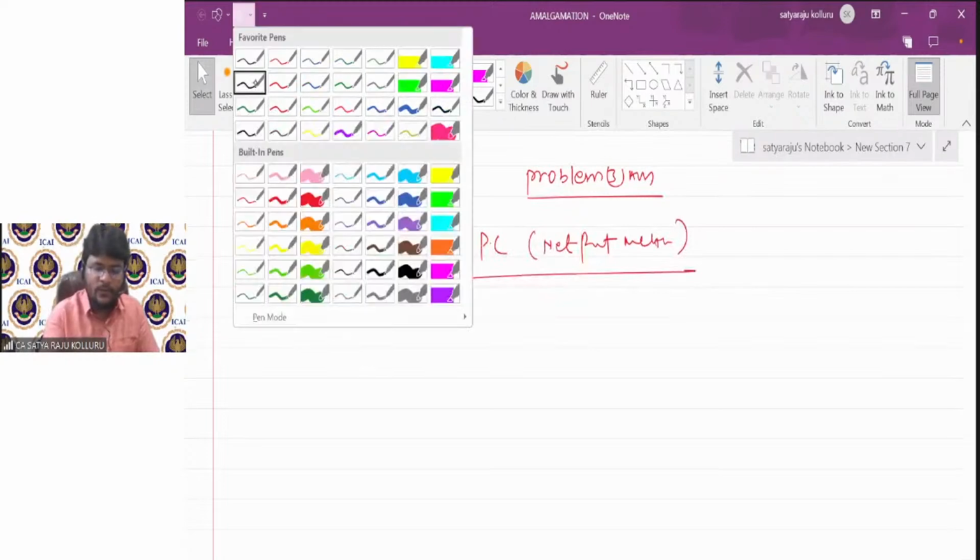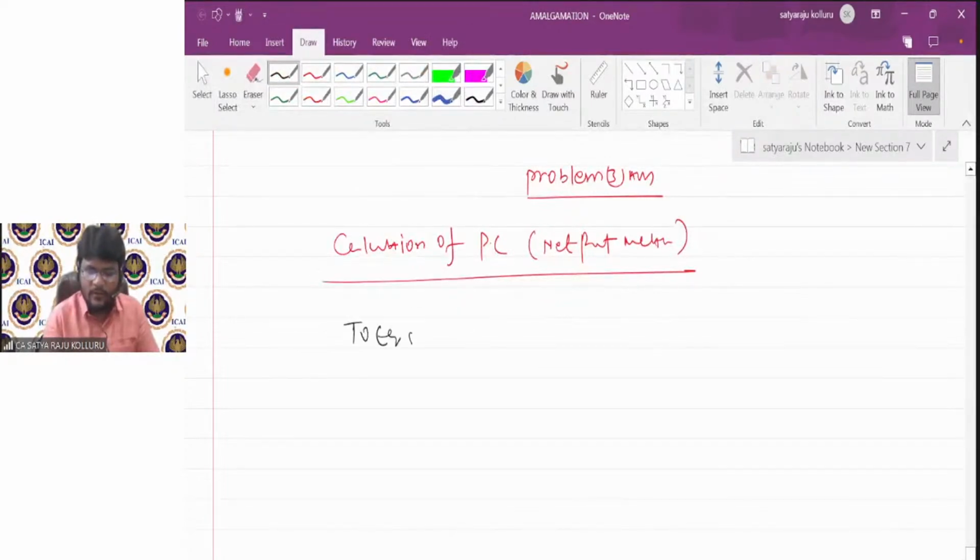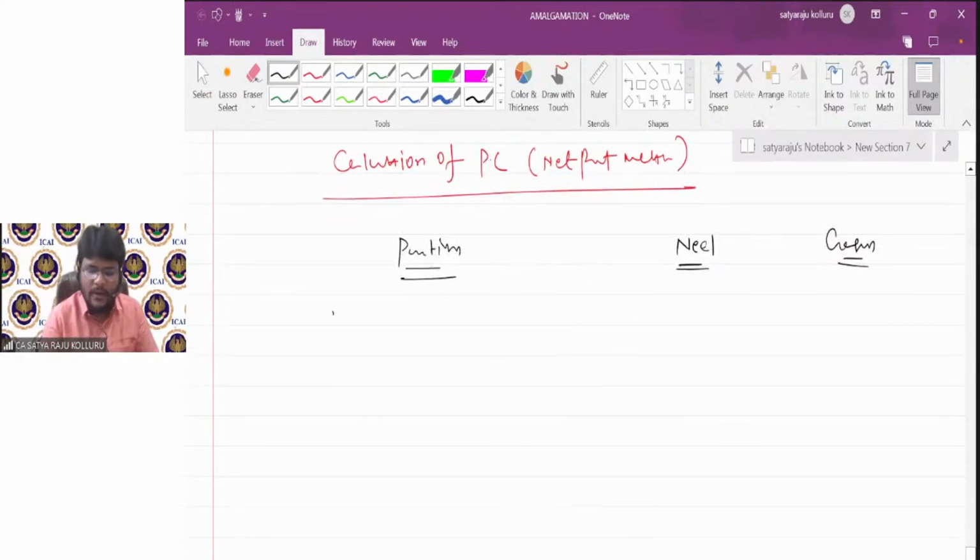So first, to equity shareholders, give the 3 columns: particulars, Neil and Gagan. Two selling companies are there, so you can start with the two equity shareholders.